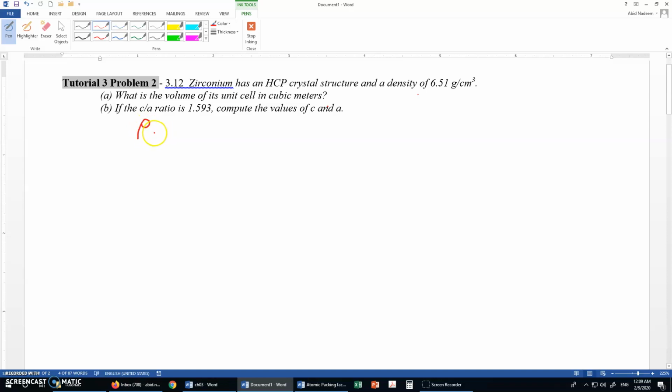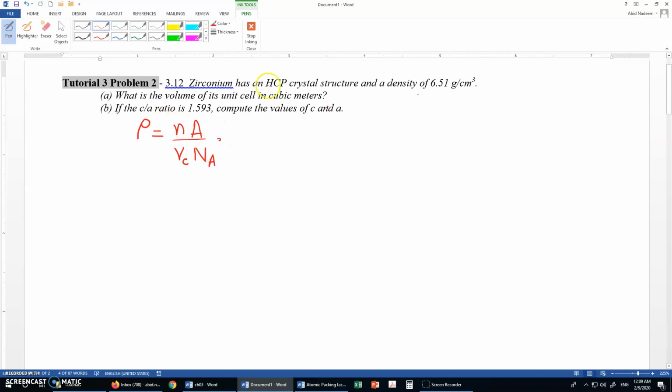So this is rho. Rho is equal to n times A divided by the volume of the unit cell multiplied by the Avogadro's number.